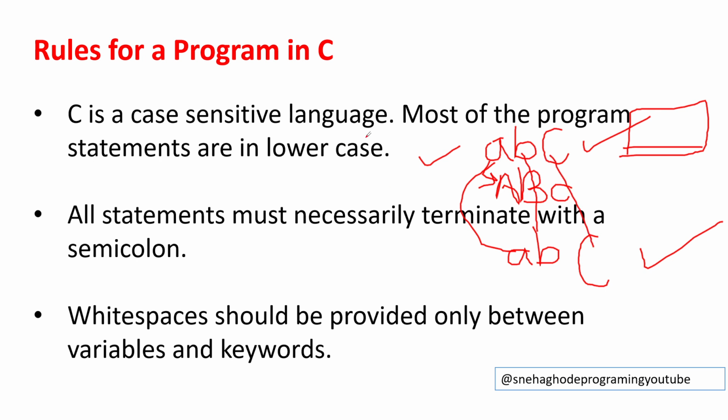So this is nothing but case sensitivity. In programming also it is the same thing. That's why we learn these rules, that if should be written in lower case only. So C is a case sensitive language and most of the program statements are in lower case.